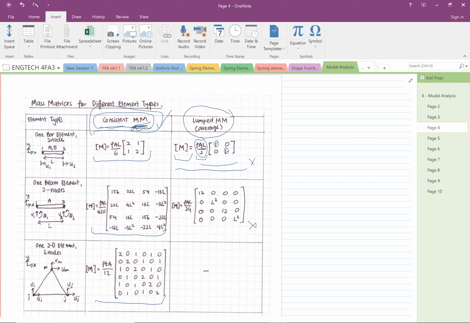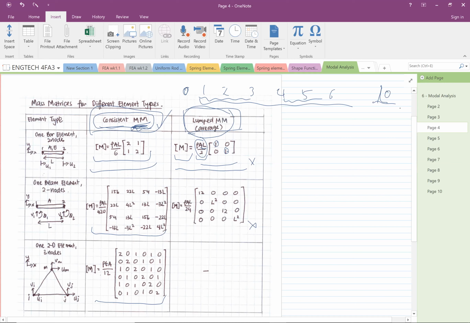If I substitute that into this mass matrix, I still have some weight in between. But for the lumped mass matrix, I have no weight in between. I only have half the weight at 0 and half the weight at the end of the beam.